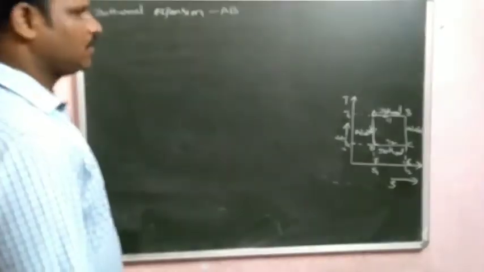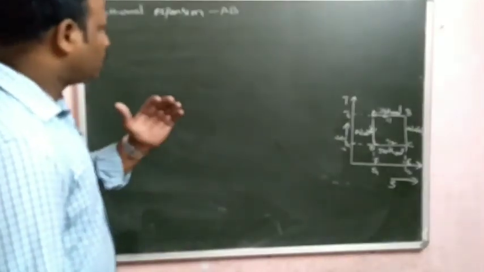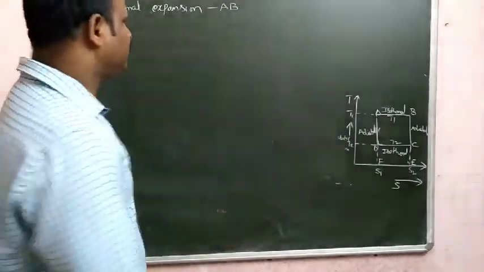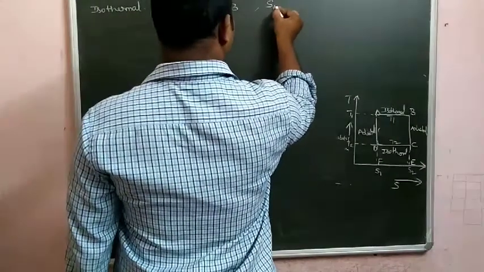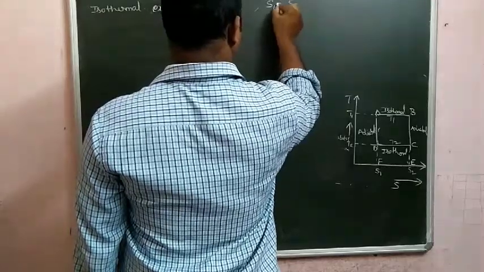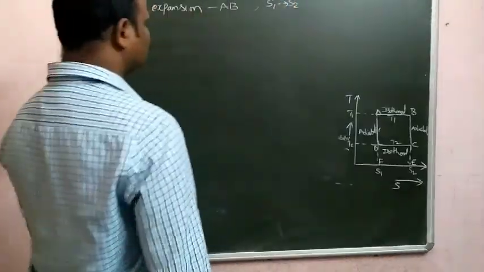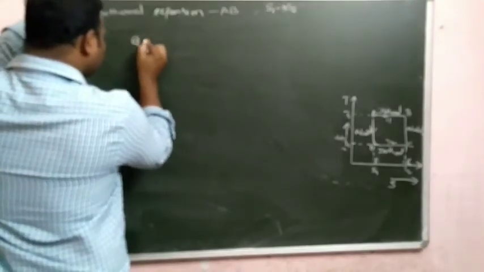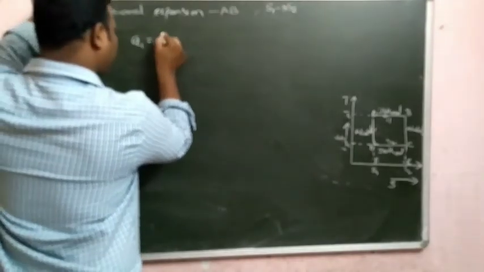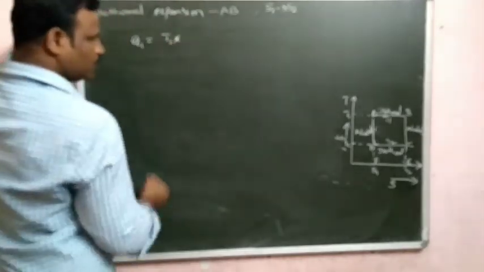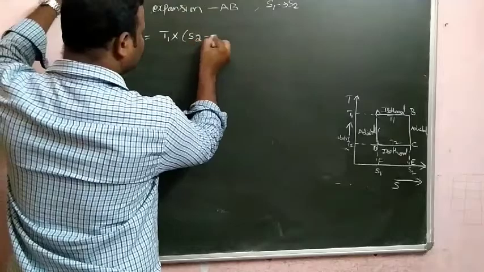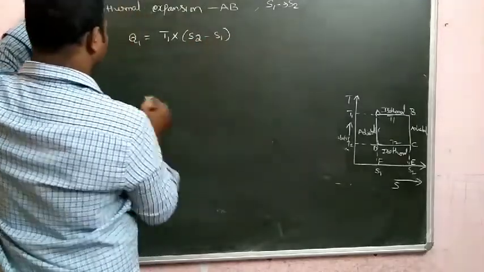Now the entropy of working substance is increasing from S1 to S2. Okay, the amount of heat Q1 equal to temperature T1 into S2 minus S1.